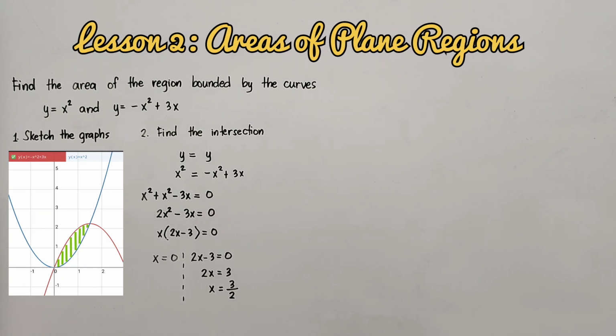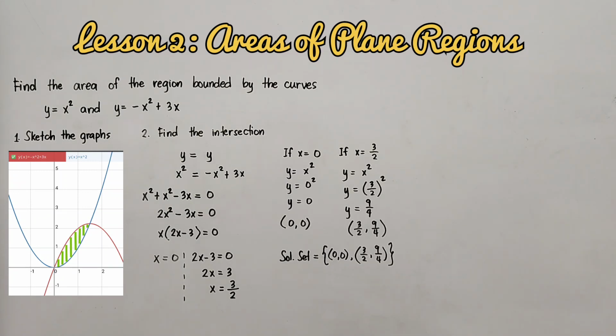Right after that, to get the solution set of this problem, we have to get the value of y using x equals 0 and x equals 3 over 2. For the first value of x, which is 0, to compute for y, I am using the first equation since this is simpler compared to the second. So we have y equals x squared. Substitute x by 0, y equals 0. So the coordinate is 0, 0.